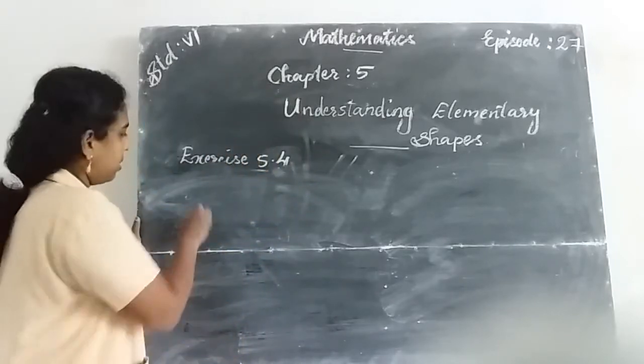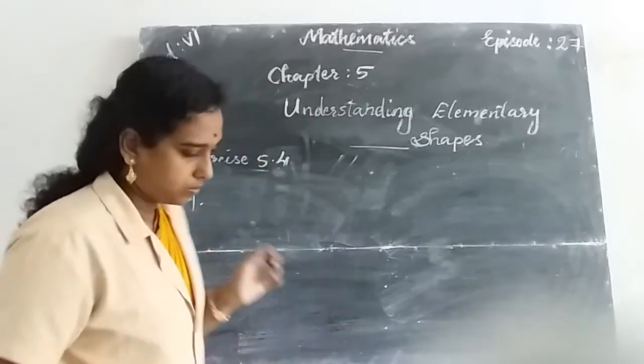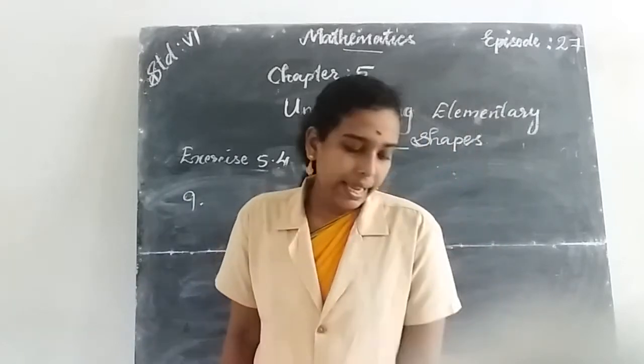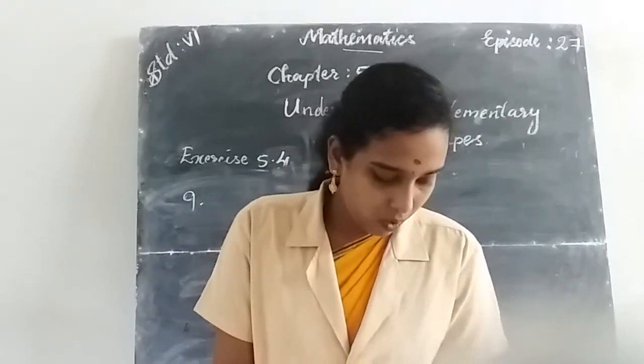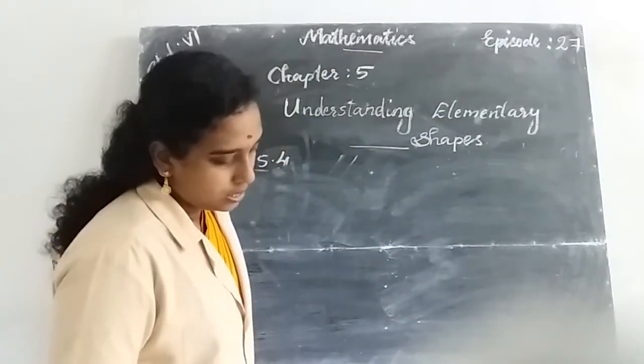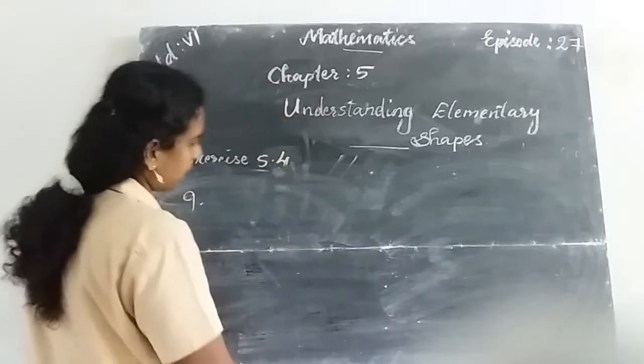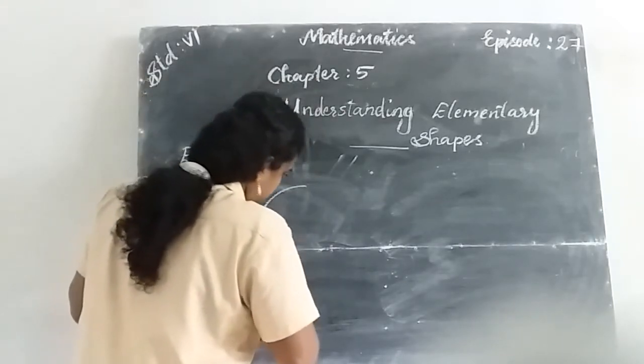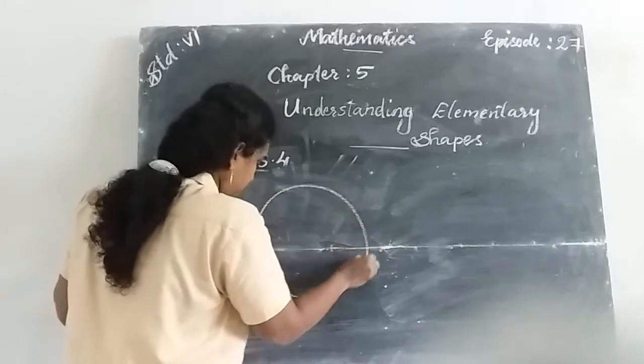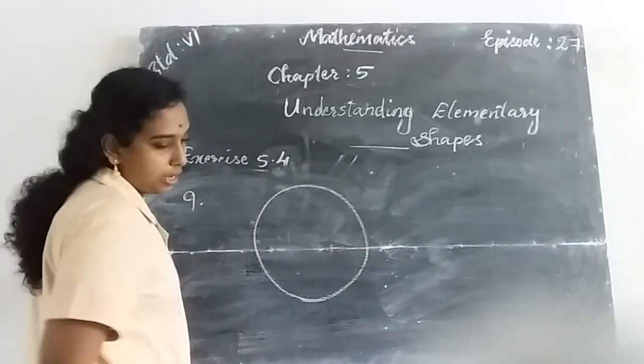Question number 9. Find the angle measures between the hands of the clock in each figure. Okay. So here the first one is, imagine it's a clock.